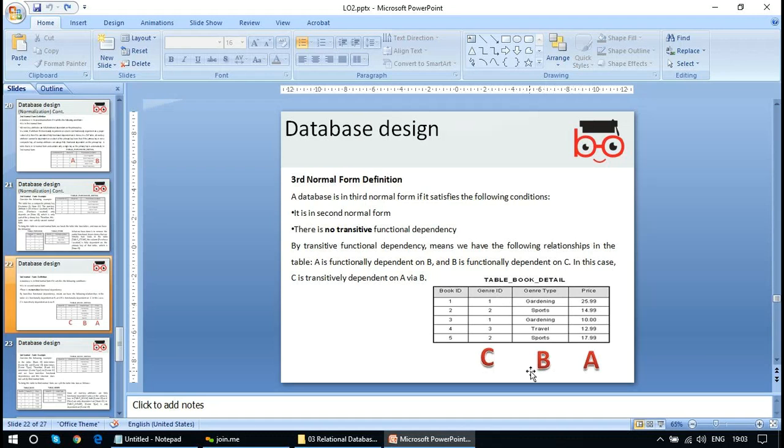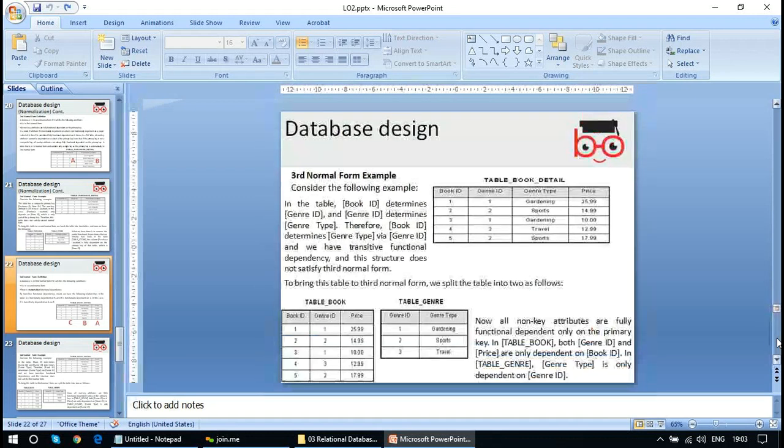So A is dependent on B and B is dependent on C. Let us see how this is transformed into the third normal form. Genre type is dependent on genre ID, and price too. So this repetition is basically removed.